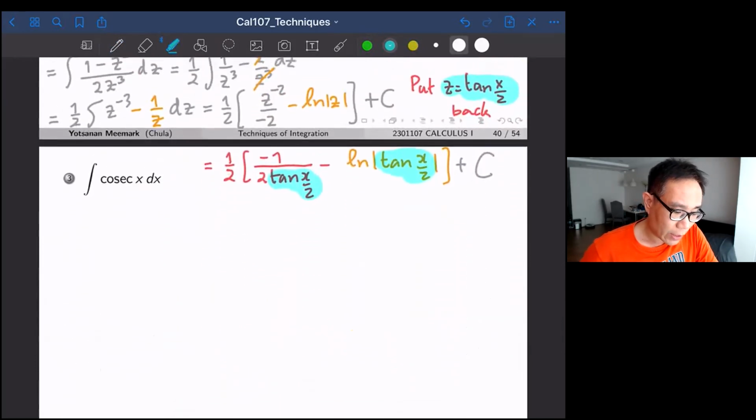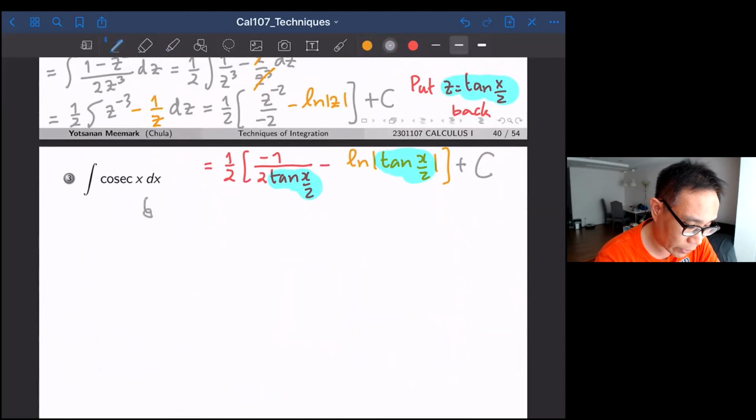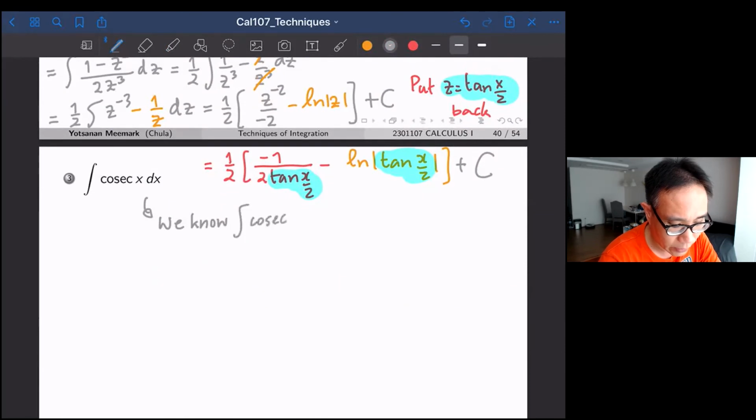Finally, you're going to try to integrate cosec. For integrate cosec, we already know. Let's say we know, integrate cosec x is log absolute cosec x minus cot x.